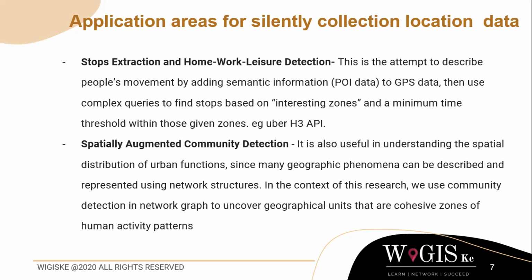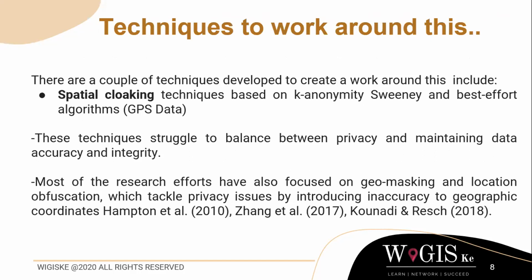But there's also instances where the silently collected data gets into the wrong hands and it does more harm than good. With these kinds of technologies and methods being available, there's also different techniques that have been created to create a workaround to this problem.